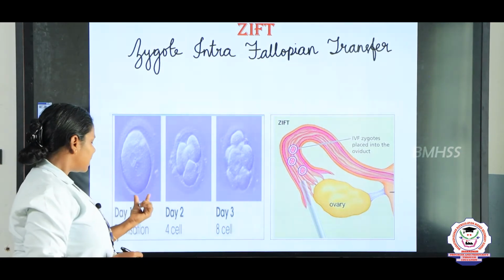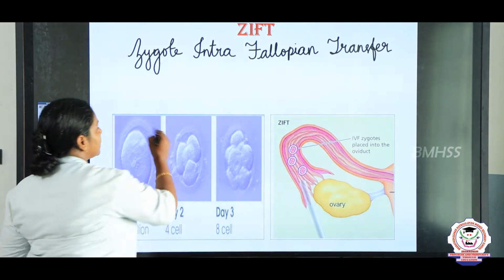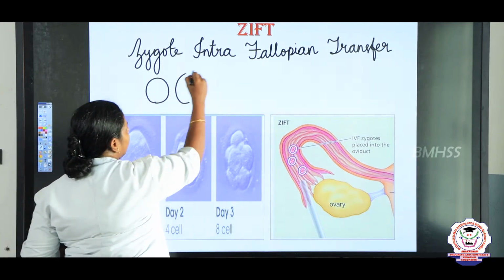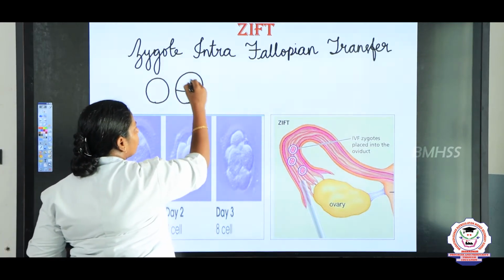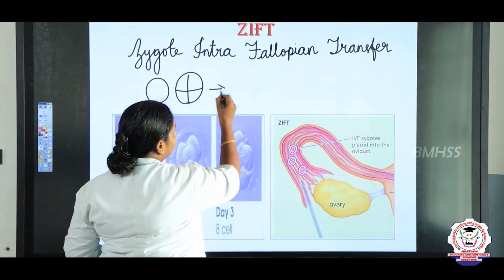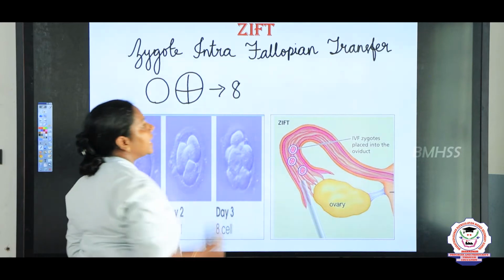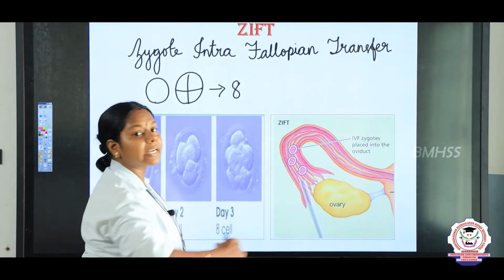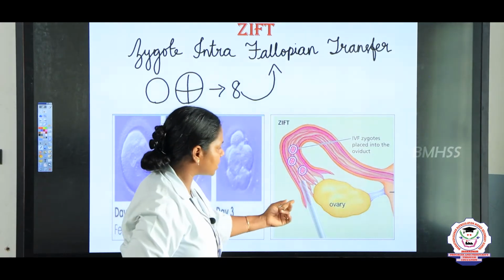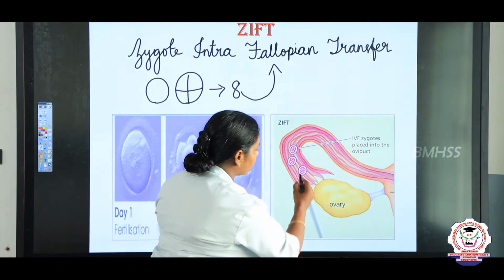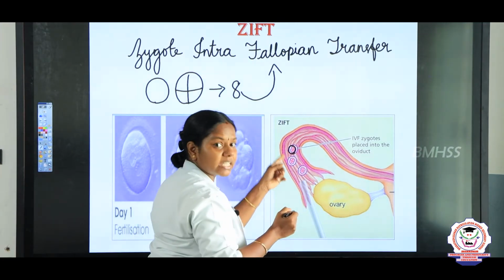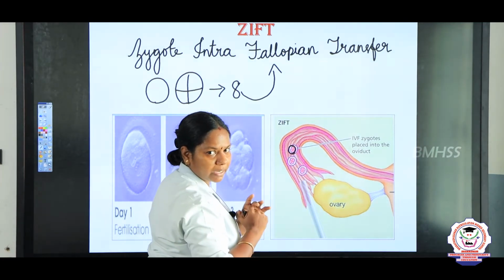On day 1 it is a single cell, on day 2 it is 2-celled, and later it becomes 4-celled, and when it is at the 8-cell stage, it is transplanted directly inside the fallopian tube. Just look into this picture, children. The zygotes are placed in the fallopian tube of the female reproductive system.